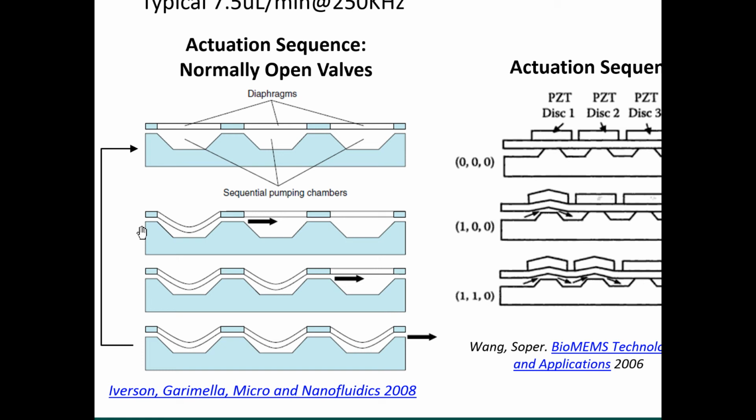For their particular application, they had to have a pump that provided reasonably high back pressures because the gas had to go through a very long channel. It also had to provide a sufficient flow rate necessary for gas chromatography. So in order to make a pump that met these specifications, they actually had to cascade 18 stages of peristaltic pumps together in order to get it to work.